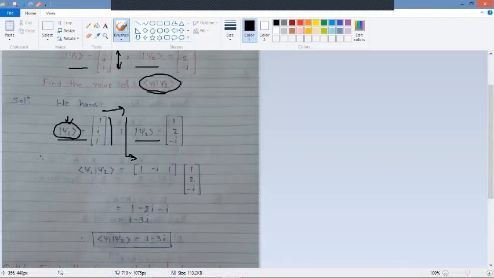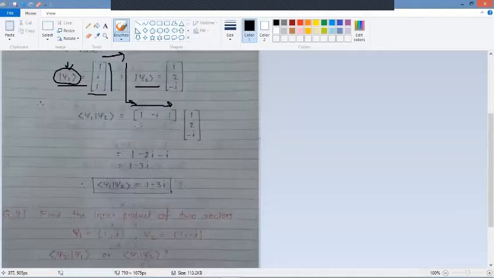It is very important that if you have any matrix, you have to get the dual conjugation. So the column will be converted into the row. So here I have this.